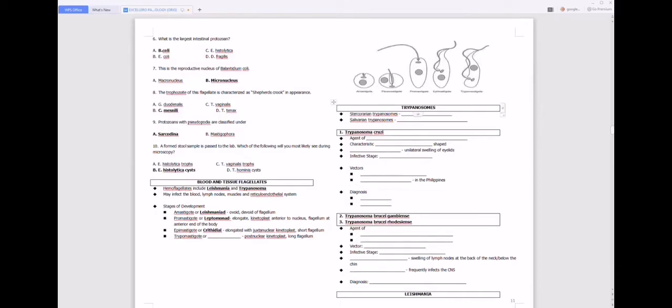As you can see sa picture. Then the last stage of development is the trypomastigote, or what you call the trypanosomad form. So its kinetoplast is post-nuclear, so sa baba siya ng nucleus, and it has a long flagellum almost the same size as its body.